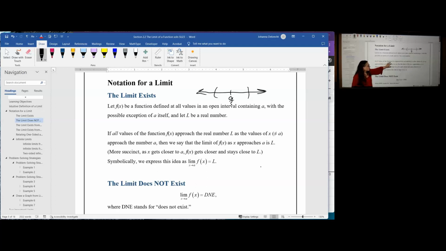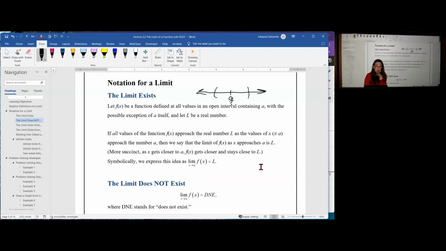Then we say if all values of the function approach the real number L as the values of x, except at a, approach the number a, then the limit of f of x as x approaches a is L. In other words, as x gets closer and closer to a, the function y values get closer and closer and stay close to L. And we write this with the notation that you see here: lim as x arrow a of f of x equals L. We say it as the limit as x approaches a of f of x equals L.